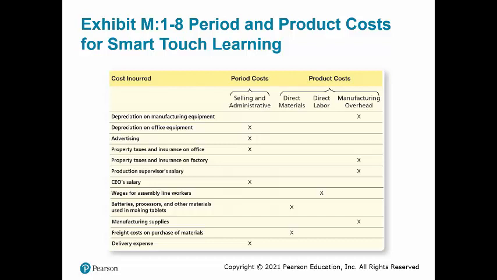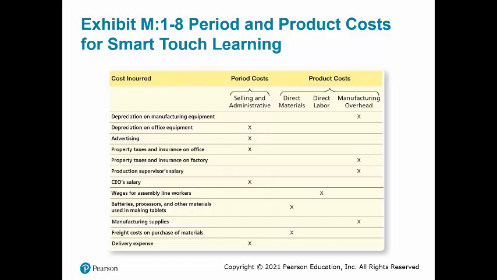That is part of manufacturing overhead because that manager is over the entire facility and is not involved in actually assembling the product. But we notice that a CEO's salary would be considered to be selling and administrative expense because the CEO is over the entire business, not just the manufacturing aspects.